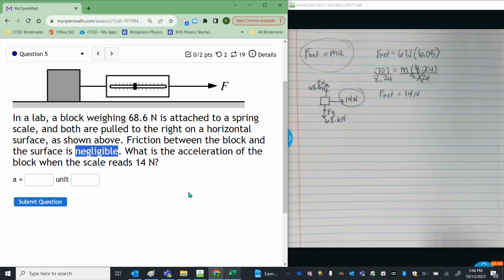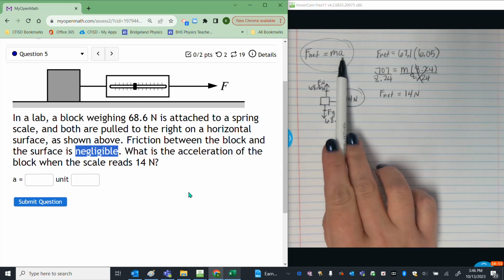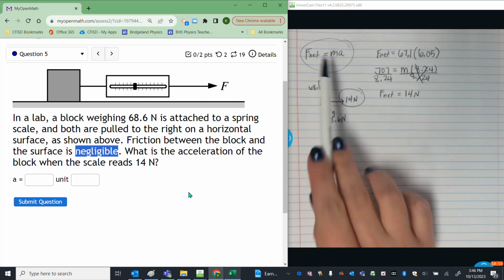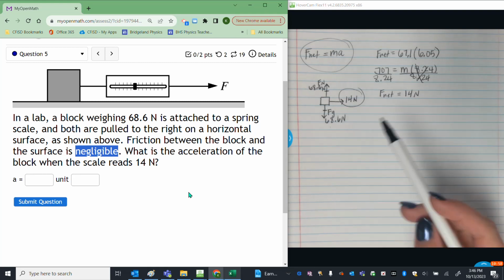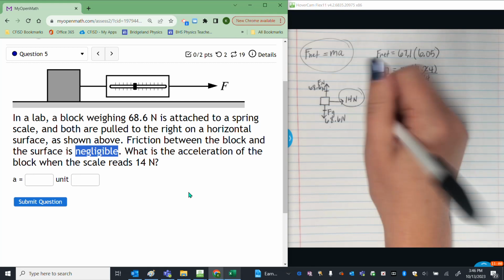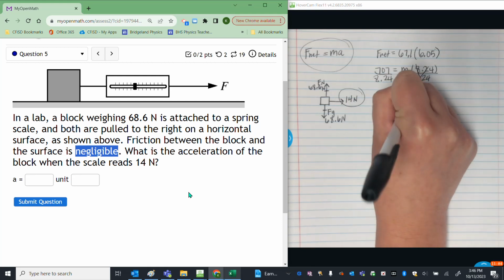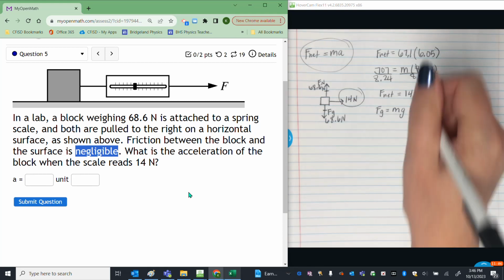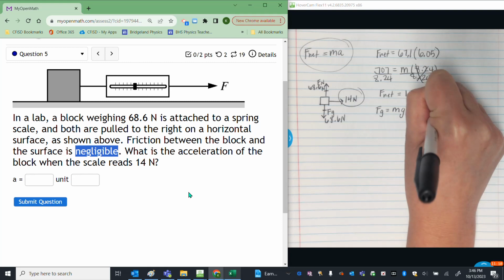I don't, however, have the mass that I need in order to solve this. Again, F net is ma. If I want to find a, I need the mass as well. I do, however, have the weight. And if I have weight, I can find mass because I know that the weight of an object is equal to its mass times acceleration due to gravity. And on Earth, acceleration due to gravity is negative 9.8.